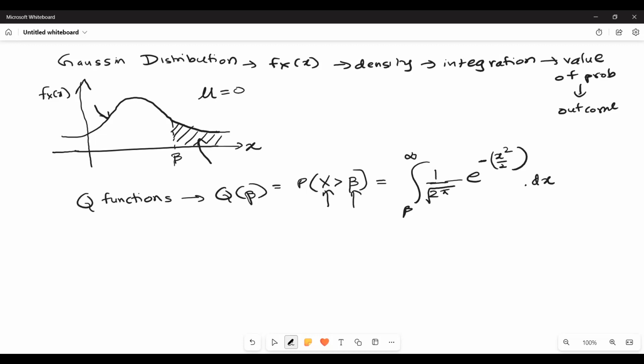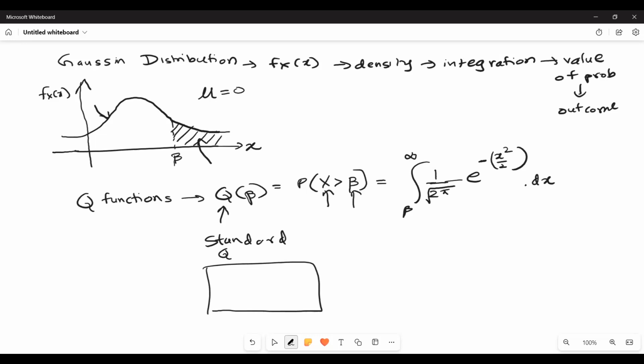Yeah, the Q function is like a standard function where we can use a table. There are some Q function value tables, right?